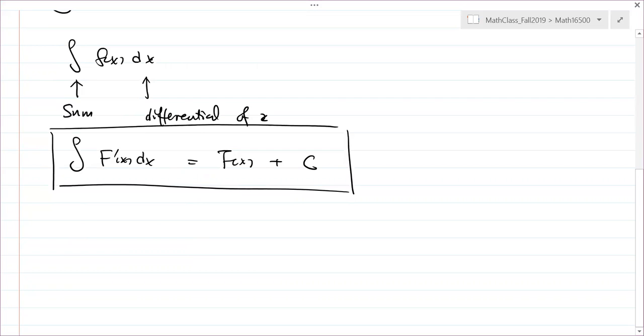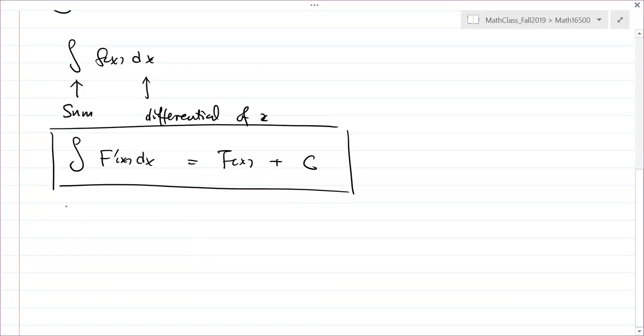The left-hand side tells you the most general antiderivative of F prime x, which is F of x plus constant. So this is the theorem we use to evaluate integrals.